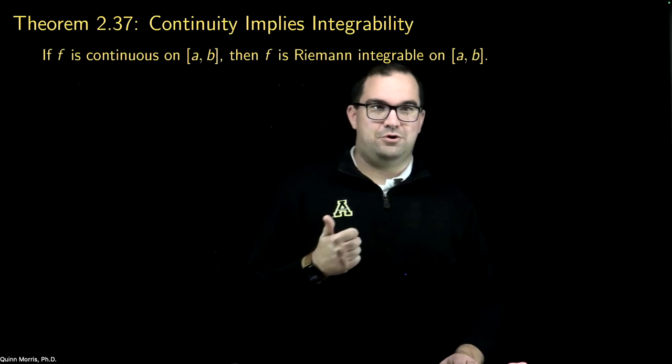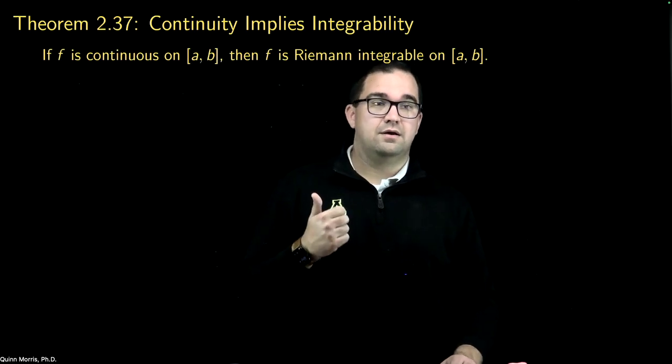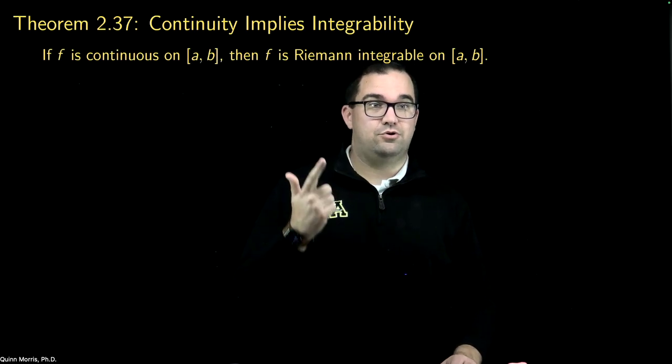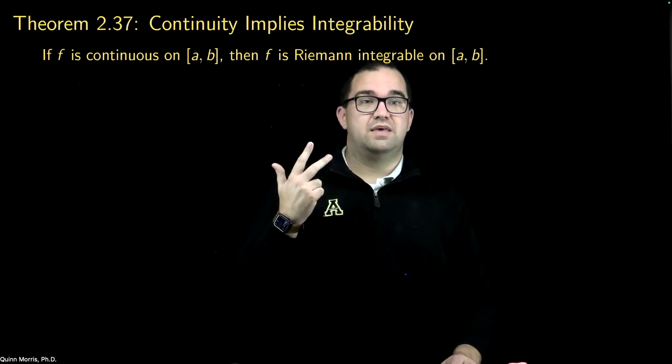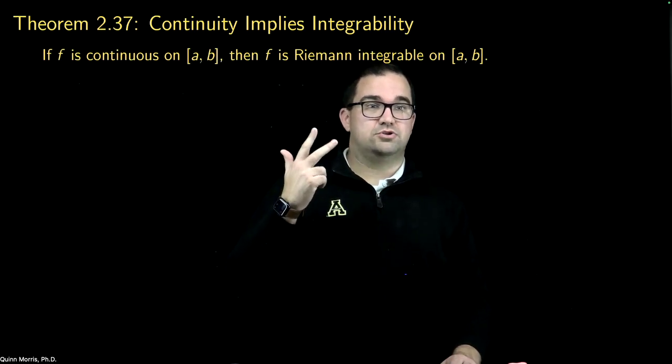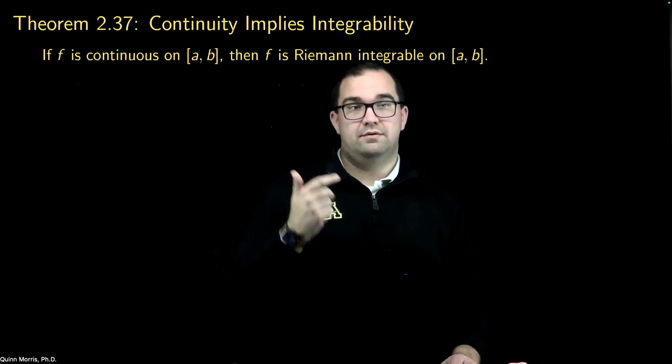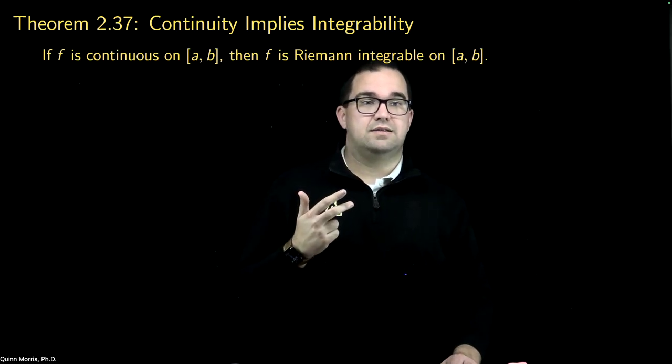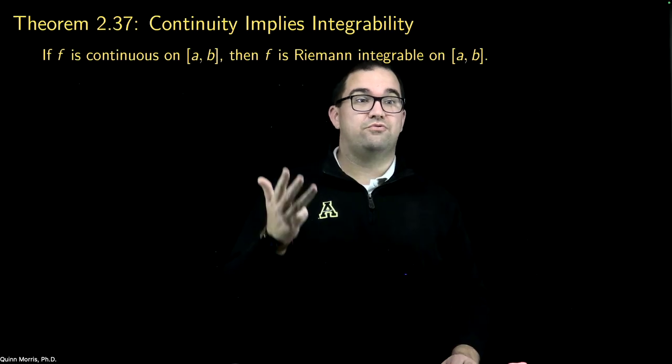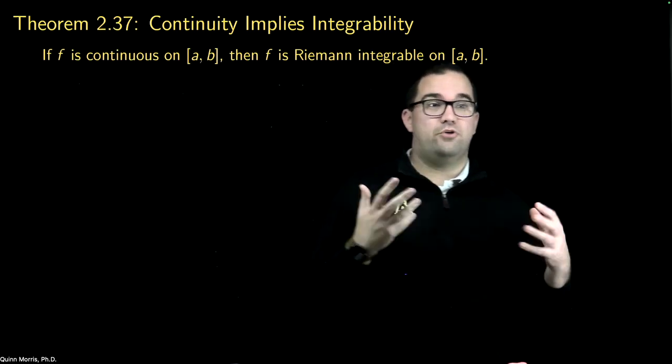The intermediate value theorem holds. The extreme value theorem holds. A continuous function on a closed interval must be bounded. A continuous function on a closed interval is uniformly continuous.